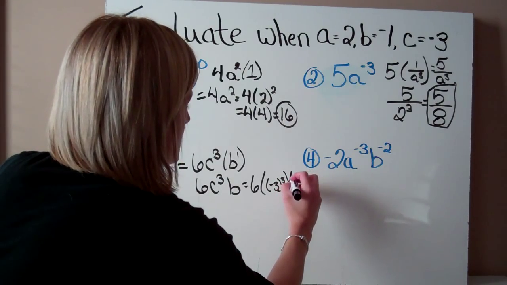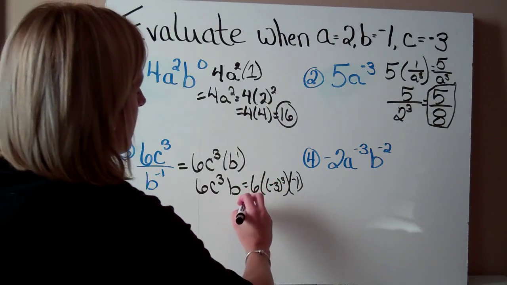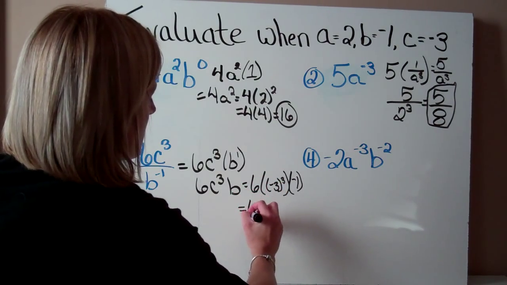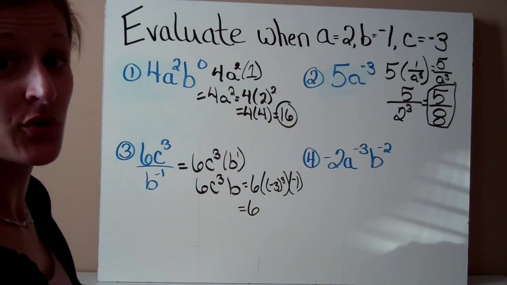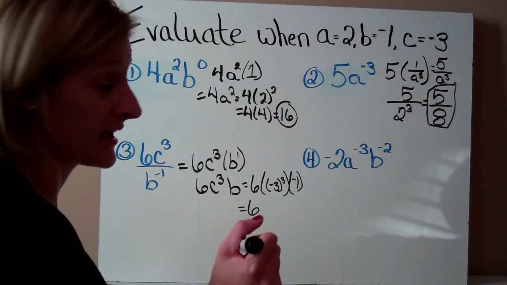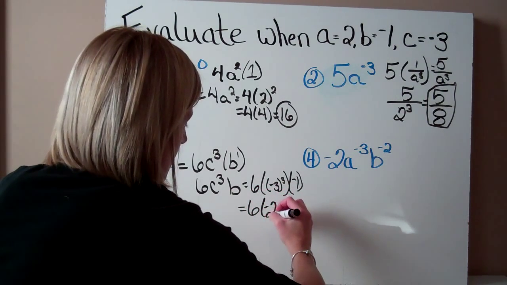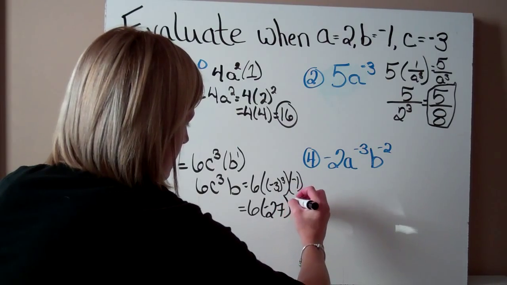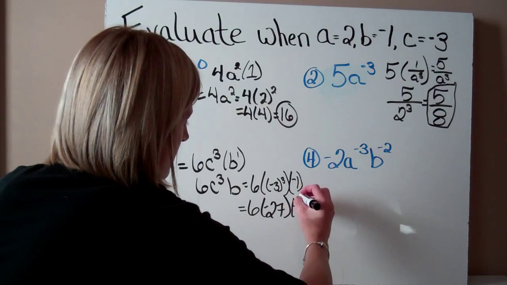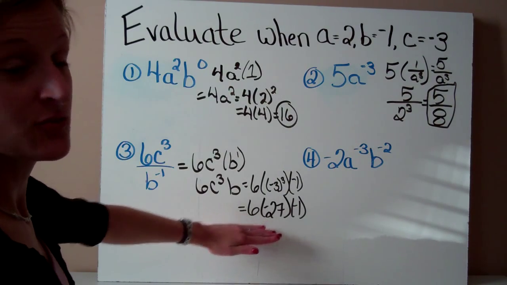times B, which is negative 1. Okay, 6, first we got to do our negative 3 cubed. So negative 3 times negative 3 is a positive 9, times a negative 3 is a negative 27. So we got 6 times negative 27 times negative 1. Alright, so 6 times negative 27.